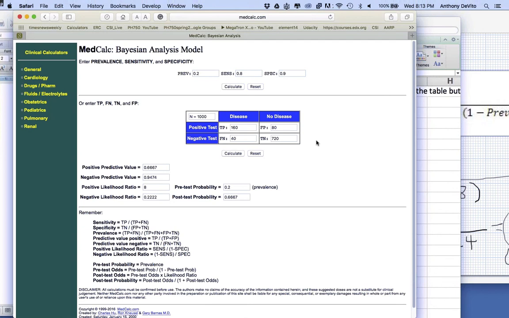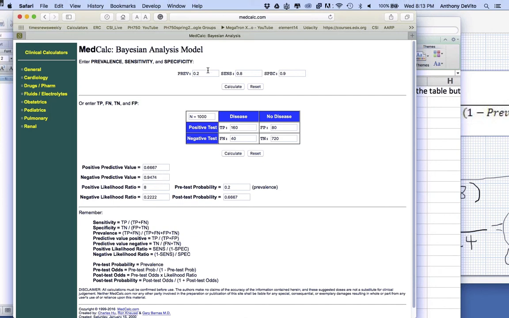Bingo. So it did what I did with a pseudo population of 1,000, and it calculated the positive predictive value, negative predictive value, and so on, and filled in this table for us. It literally did what we needed to do.